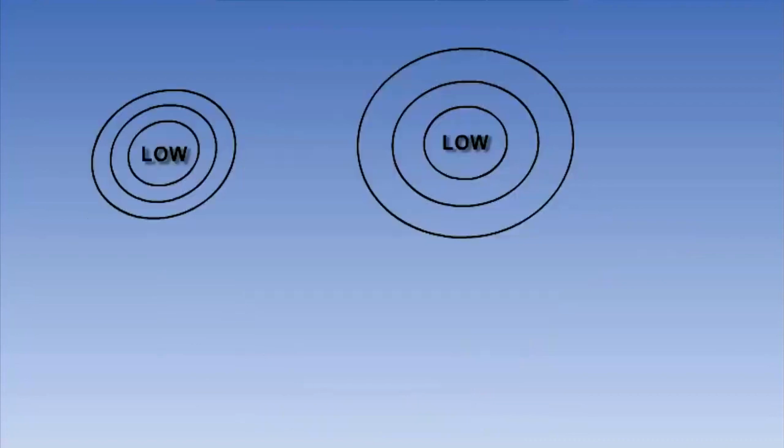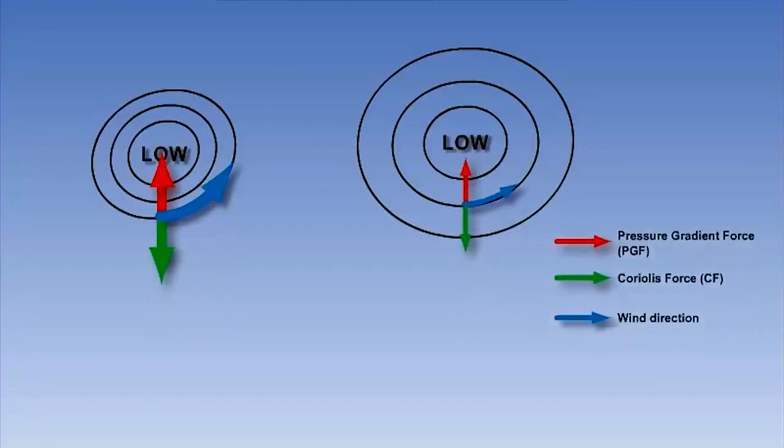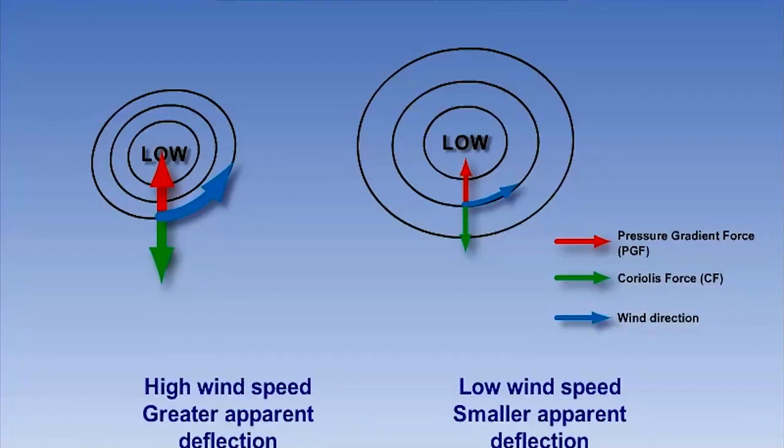There is one more point to learn about the Coriolis force. The condition that creates the Coriolis force, that is, the rotation of the Earth, is always present. However, the effects of the force, that is, the deflection of the wind, depend upon the speed of the wind. A high wind speed results in greater observed deflection.